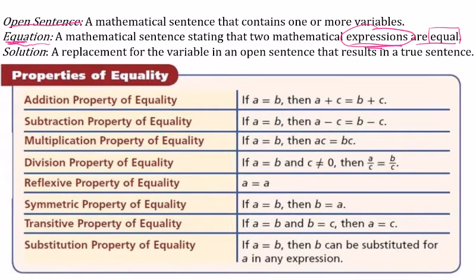A solution is a replacement for the variable in an open sentence. So if you have an open sentence with a variable, the solution is a situation where you plug in a value for that variable that makes it a true sentence. Okay, so a replacement for the variable in an open sentence that results in a true sentence.